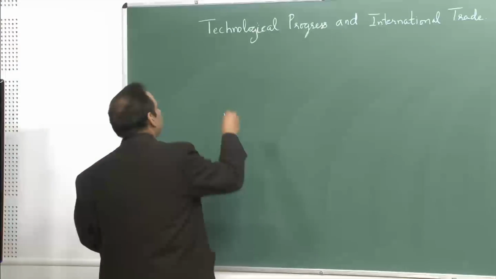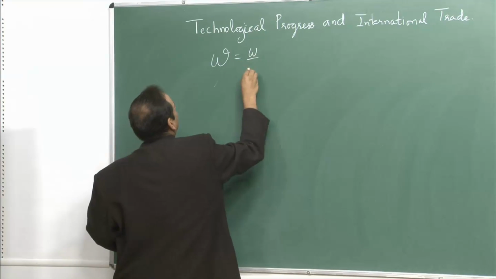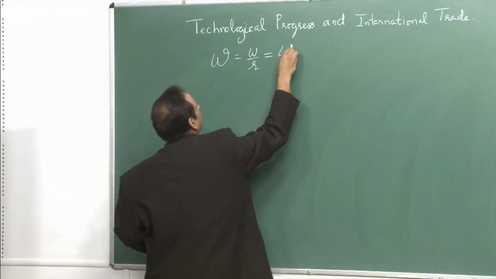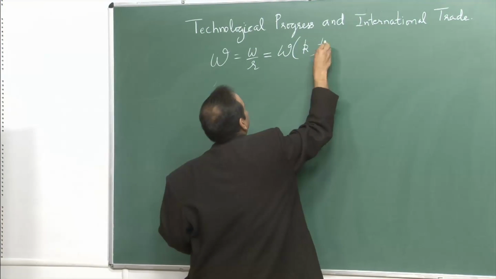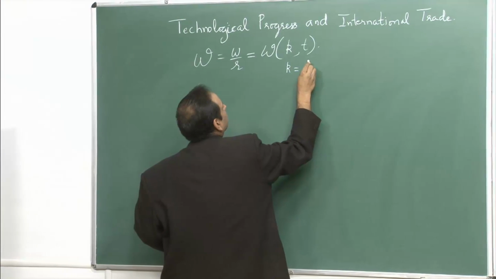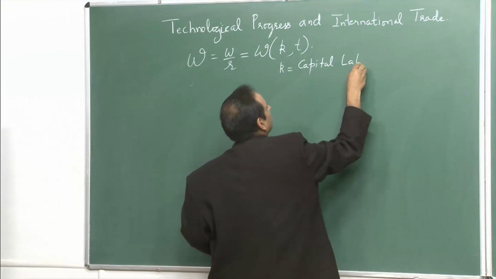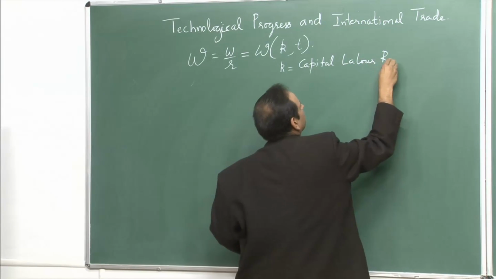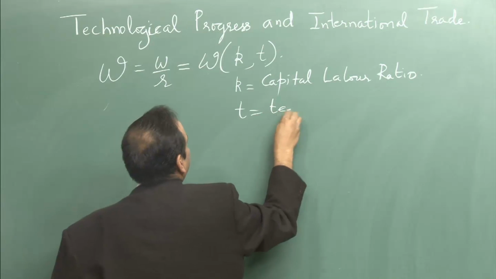So, you have omega, which is the W by R ratio. This is a function of the capital labor ratio and technology. This is the capital labor ratio. T is the technological progress.